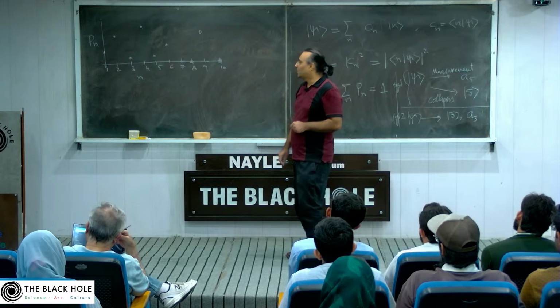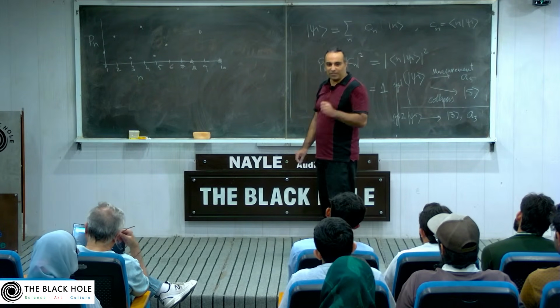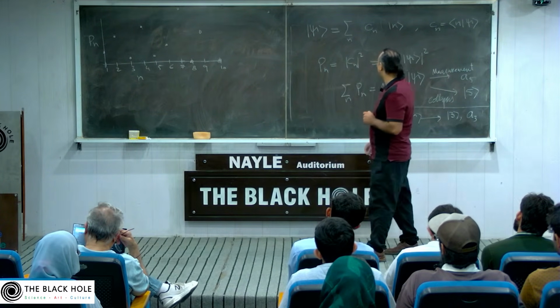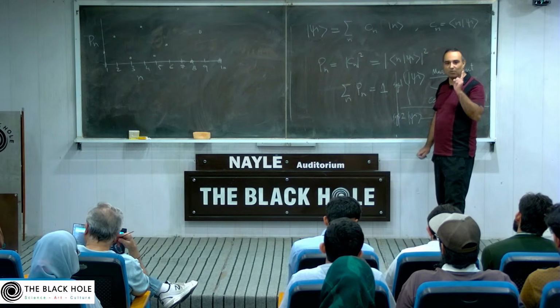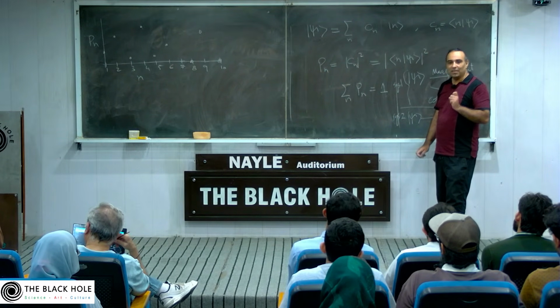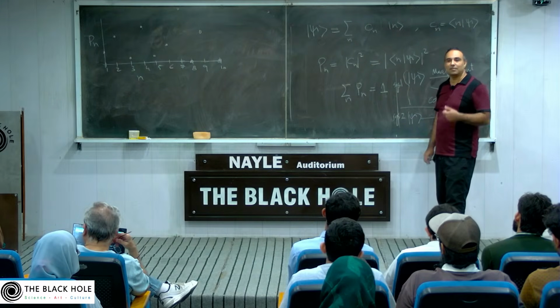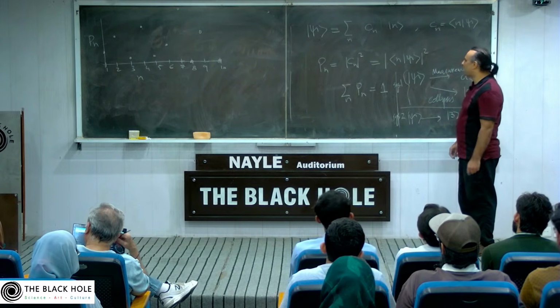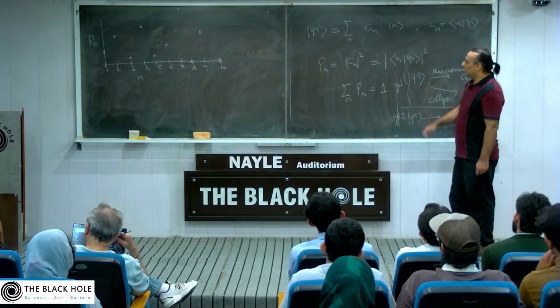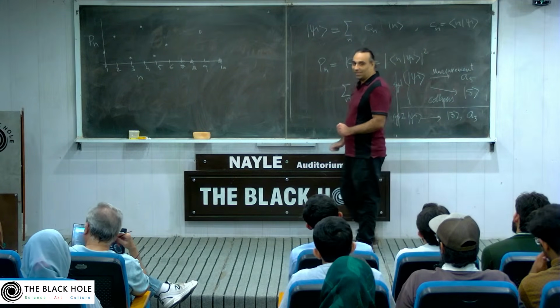But there is a special case. What if there is only one state that has unit probability and the rest of the states have zero probability? How can we have that? Well, that's easy actually.